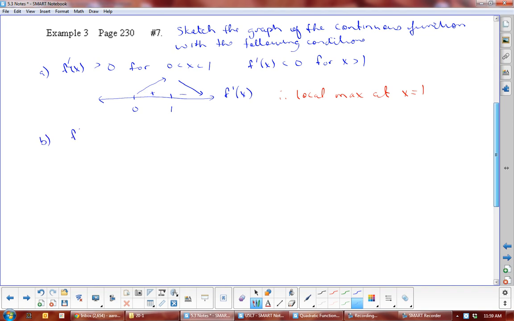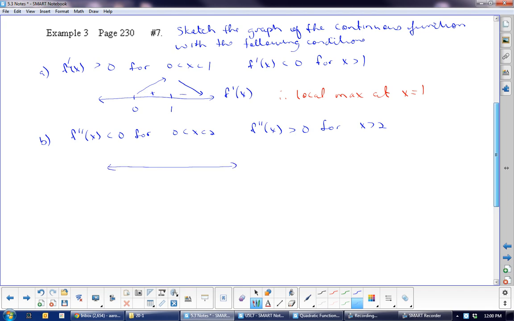Okay, now what if f double prime of x is less than 0 for the interval x greater than 0, less than 2, and f double prime of x is greater than 0 for x greater than 2. Again, let's draw it out.